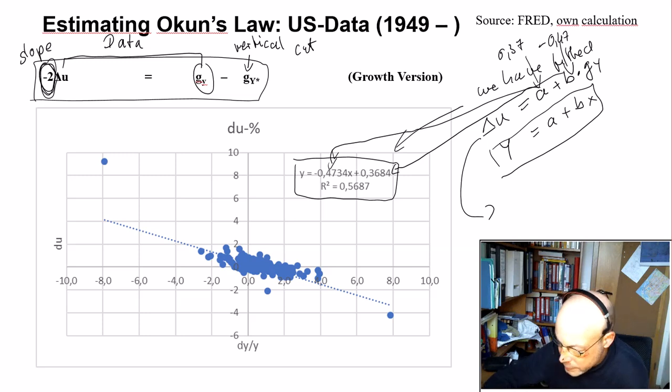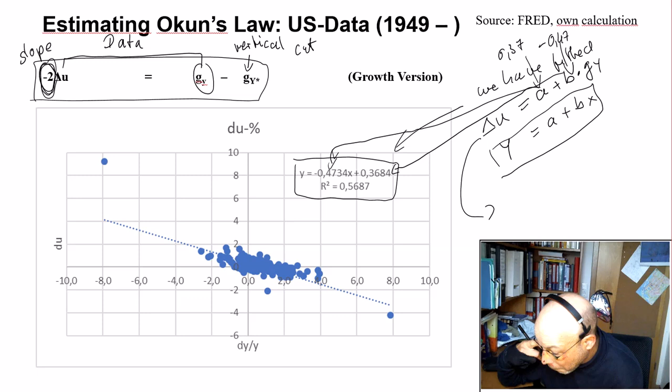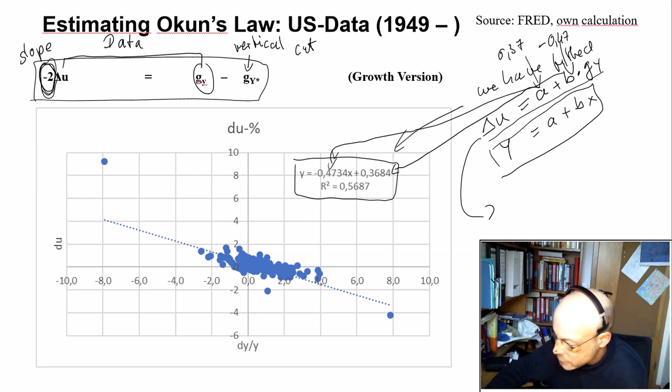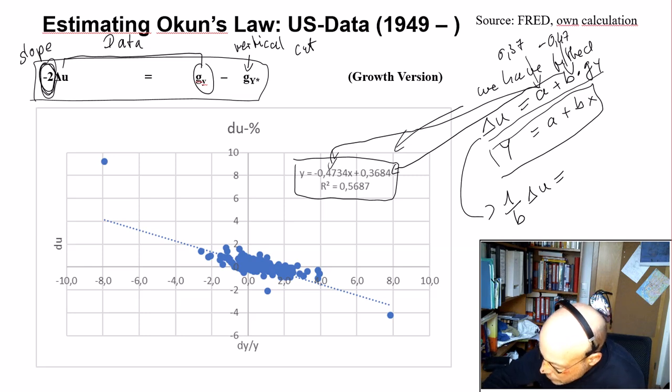We have to divide this expression by b, so that we then obtain 1 over b times du is now our g y plus a over b.